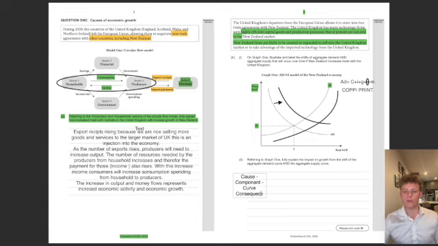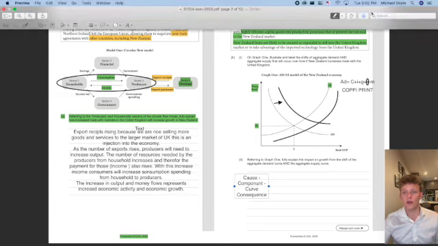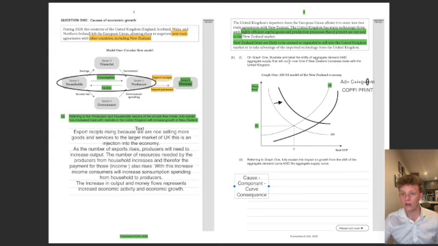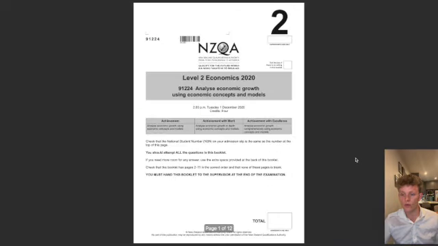Consequence. That means what is the relevance to the question and on the change in the graph. So what's the outcome? In this case, we're thinking about the impact on growth.